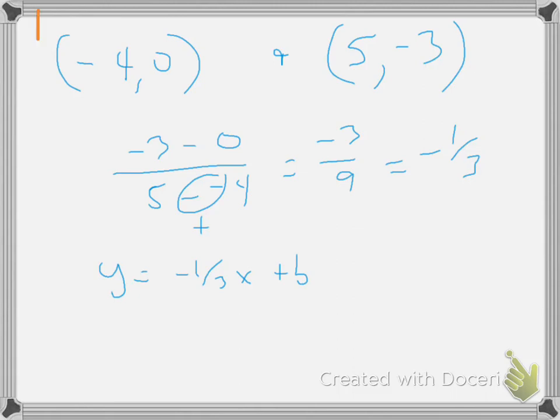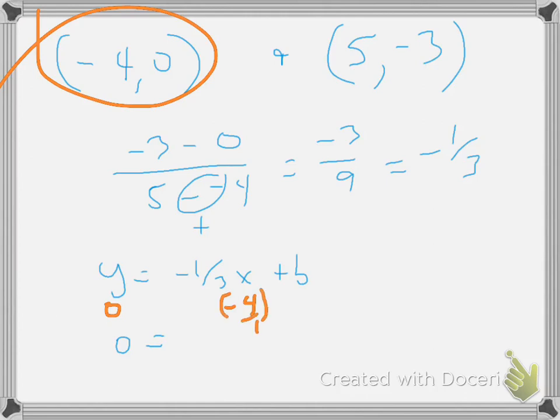I'd like to plug in this point because it's easier to plug in, one of them 0. So you put negative 4 in the x spot, 0 in the y, and you wind up getting 0 equals negative 1/3 times negative 4 over 1, which gives positive 4/3, plus b.